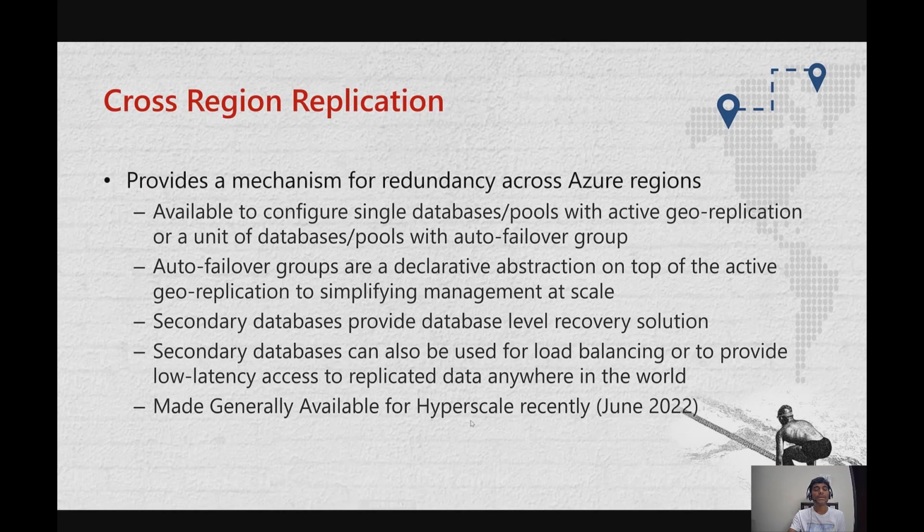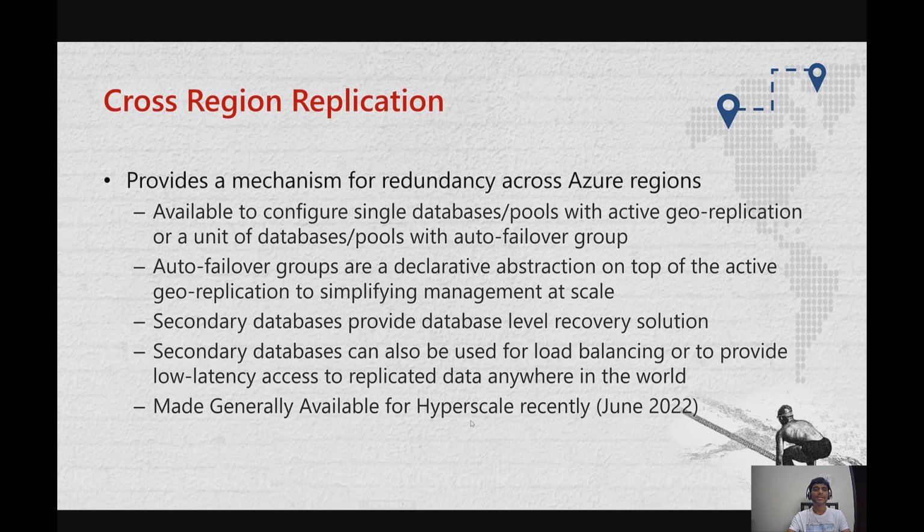So what does cross-region replication provide you? It's an ability where you can create GeoDR links between your primary and secondary region, and you can use it on single databases or pools, and then you can also use it on top of auto failover groups. Active geo-replication is the underlying layer, and then you can abstract it by creating auto failover groups.